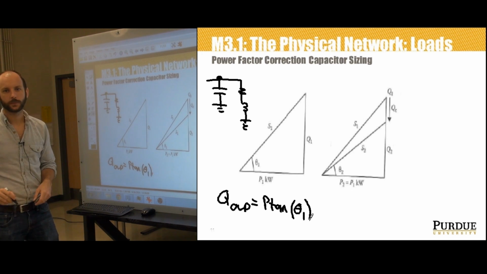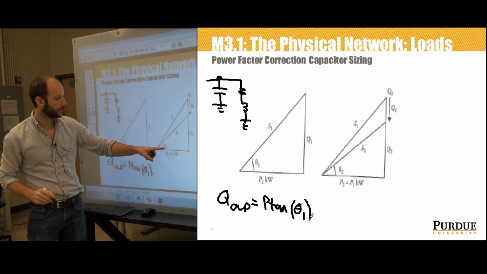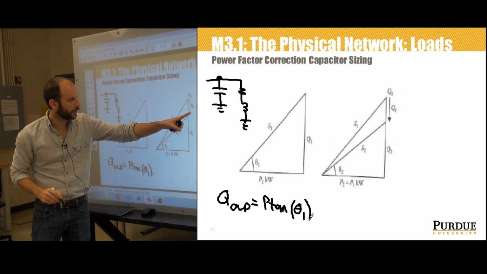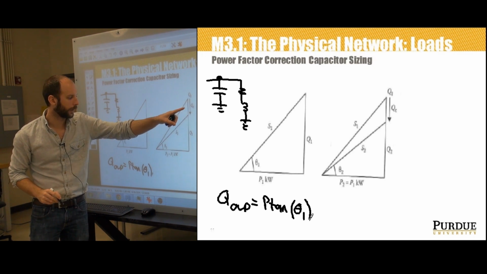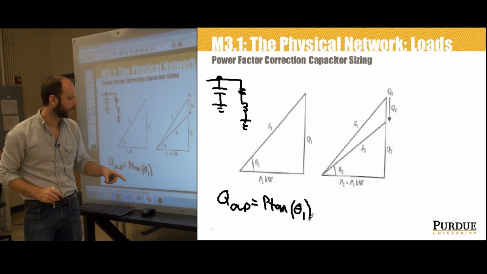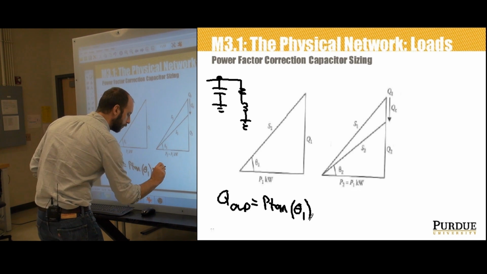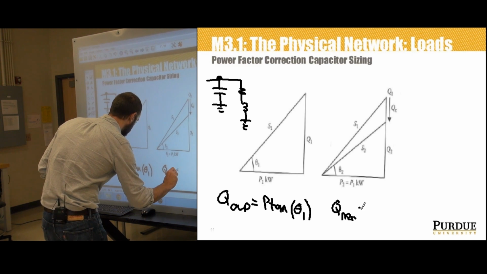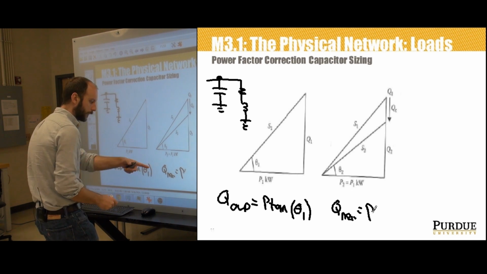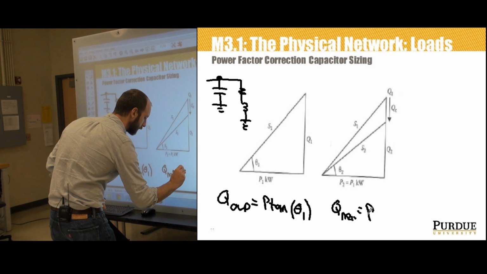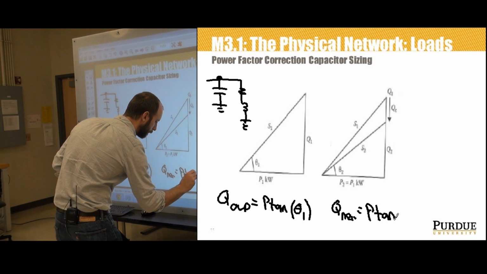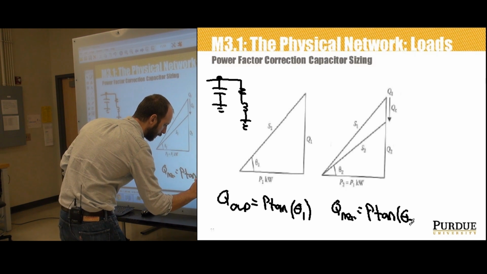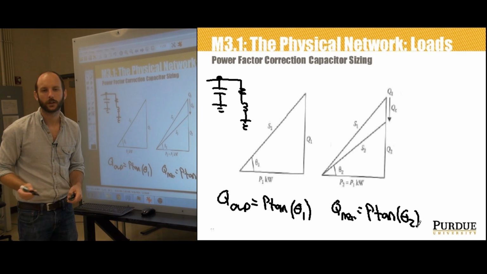And in this new system, where we've added this reactive power from a capacitor, we've reduced the theta here, and we get Q new, or Q2 I guess, is equal to P, which is the same, times tan theta 2, theta new.